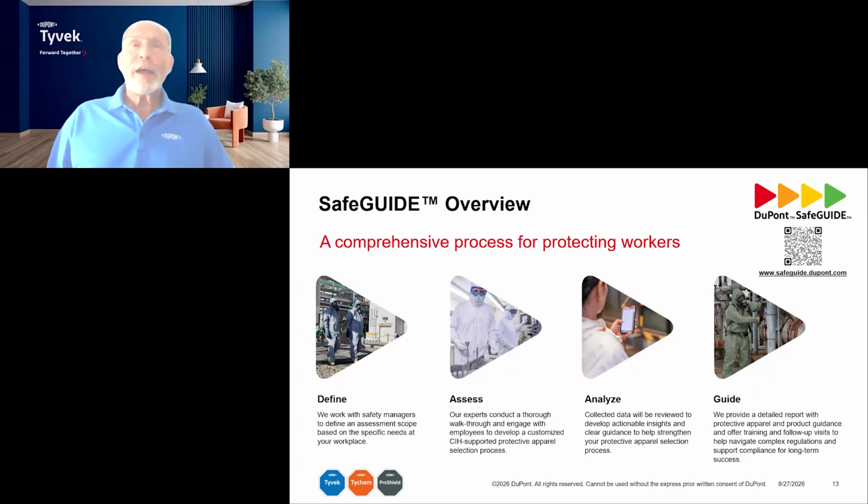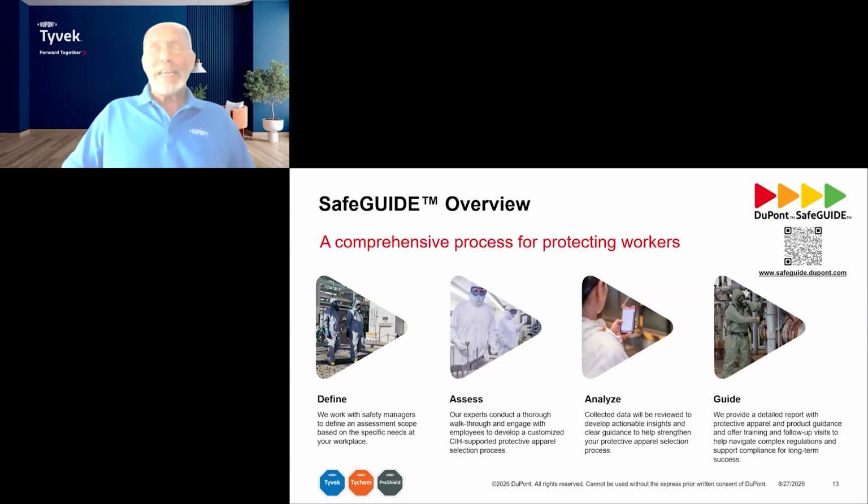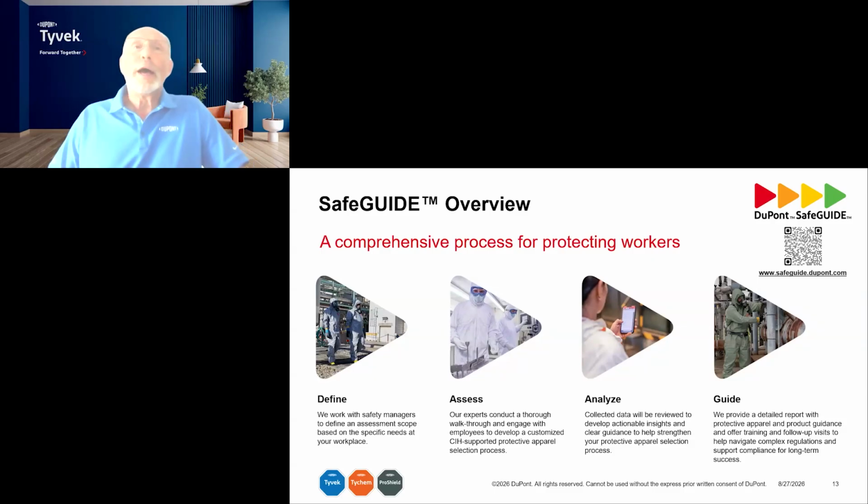The comprehensive process starts with defining the scope of the assessment. Okay, is this an assessment involving a single operation and a single chemical, or is it more complex, with multiple operations and multiple hazards? Consequently, we'll have a pre-visit meeting that allows us to determine how much time will be needed for the on-site work and what technical resources will need to be devoted up front.